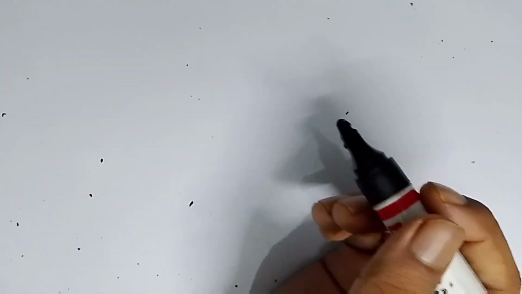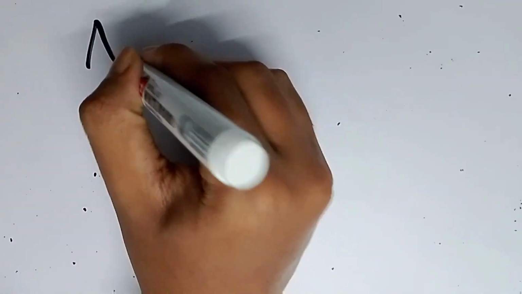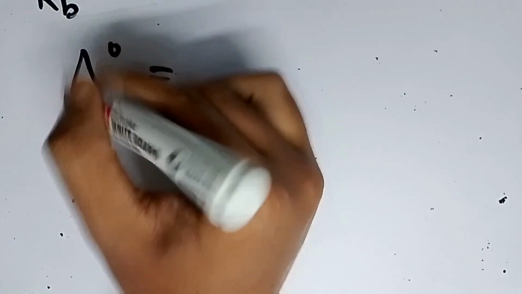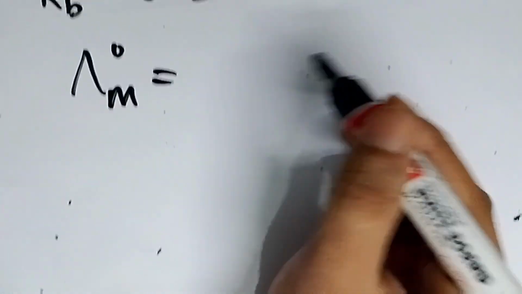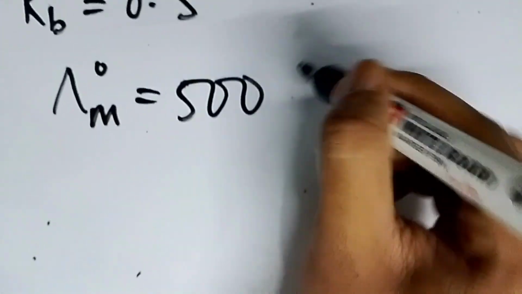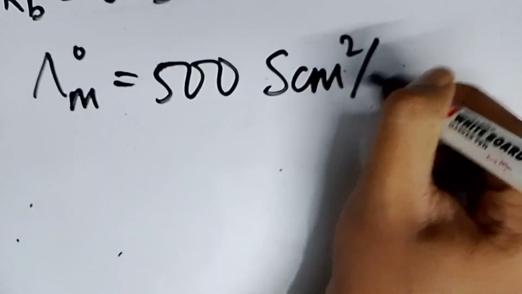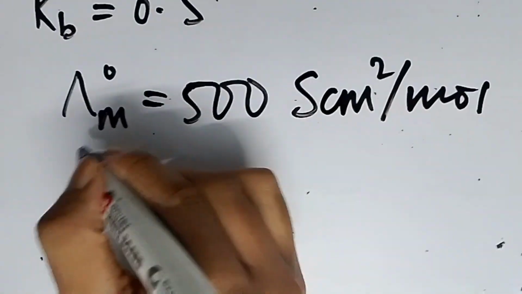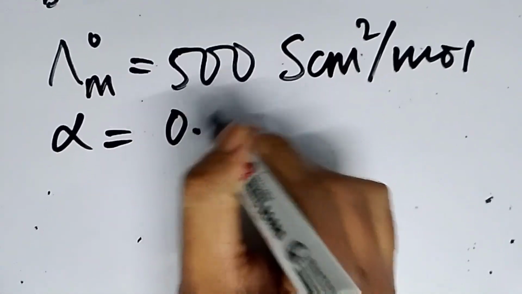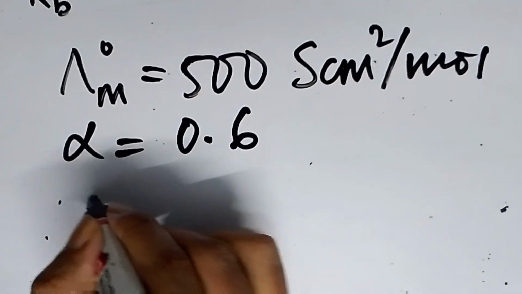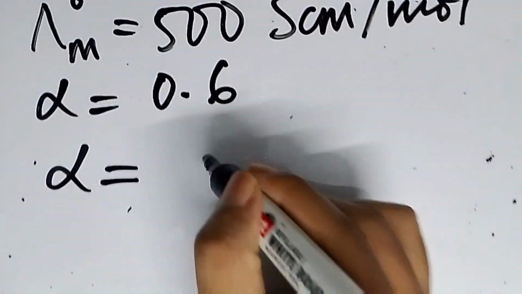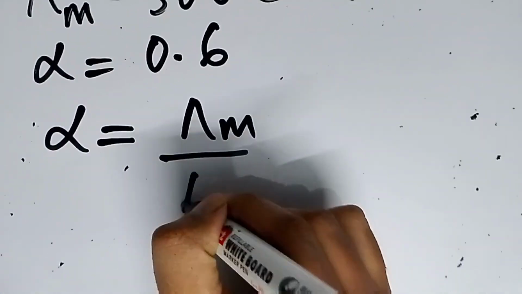So to proceed with the calculations of the electrochemistry part, it is given that the lambda m naught, that is the molar conductance at infinite dilution, is 500 S centimeter square per mole, and we've just found that the degree of dissociation is 0.6. So we know that alpha is equal to lambda m by lambda m naught.